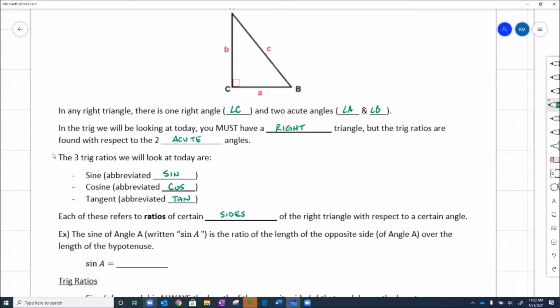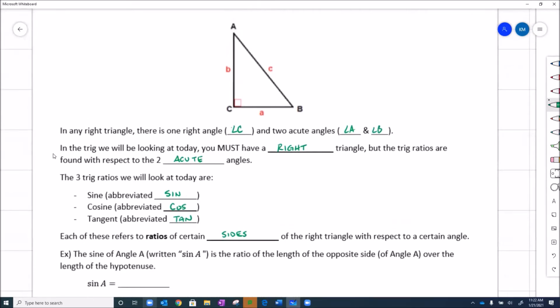So as we look at here, notice that as we label our triangle, our angle is capital A. The side opposite that angle, we call it side A, lowercase a. Our angle is capital B, side opposite is side B, lowercase b. Our angle, capital C, side across from it, we labeled as C, lowercase c.